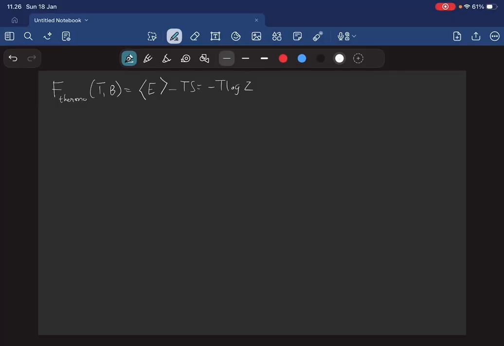As the notation shows, this is a function of thermodynamic variables T and B. We don't usually add the subscript thermo to the free energy, but for much of this lecture we will be working with a more refined version of the free energy, which we will introduce shortly.